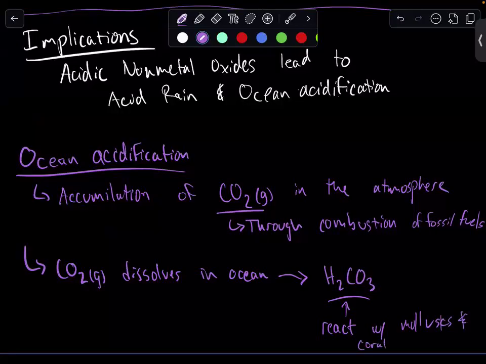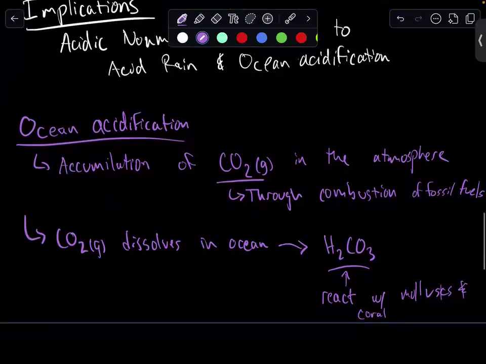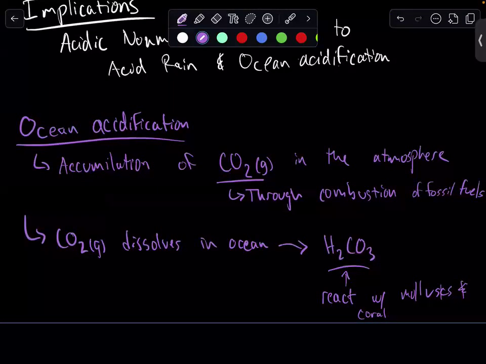It will react with anything that's calcium carbonate, and it will dissolve these shells. And so it's very harmful to our sea life. It's very harmful to our ocean ecosystem, and it's going to have lasting consequences. So we need to understand that ocean acidification is pretty much a direct result of our combustion of fossil fuels, which then reacts with water to become carbonic acid. So that is the first one.